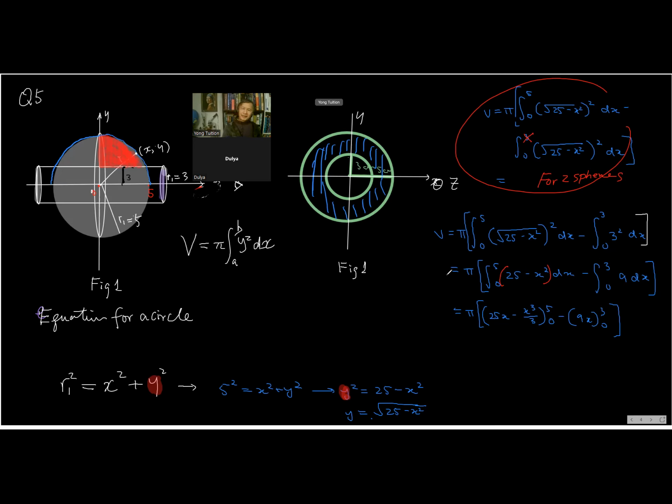So this is a little bit challenging, right? You can easily get a two-sphere. If you are dealing with two spheres, this one must be something else. For two spheres, that should be 3, not 5. This is correct for two spheres.